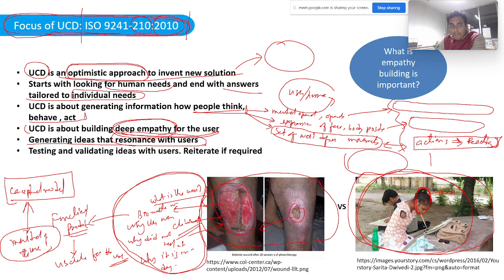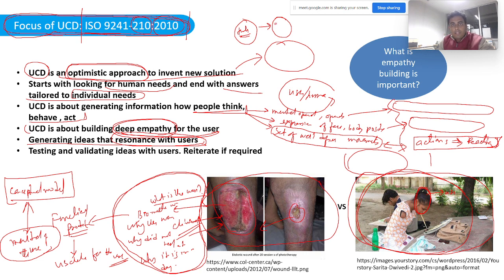In order to make ideas resonate with the user, you first need to gather correct requirements. You have functional requirements, and then you have ancillary requirements. Functional requirements are the core requirements which your product will be based on.